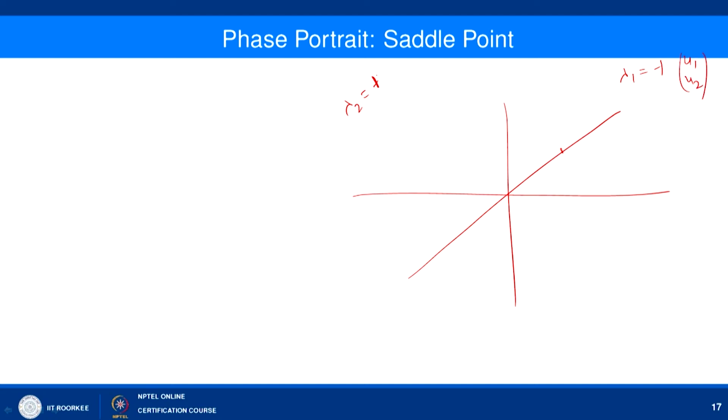So let us say this is the point u1 comma u2, or we can say the line passing through u1 comma u2 with slope u2 by u1 here. Similarly, this is the line passing through the origin 0 comma 0 and through v1 comma v2, and the slope is v2 by v1 here, right.